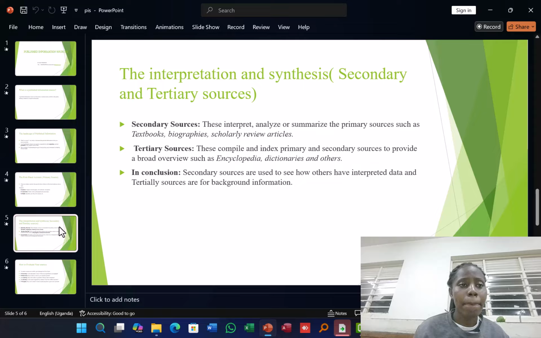Then tertiary sources compile and index primary and secondary sources to provide a broad overview, such as dictionaries and others. In conclusion, secondary sources are used to see how others have interpreted data, and tertiary sources are for background information. Hope you get what I'm talking about.